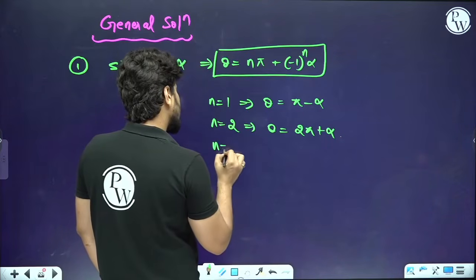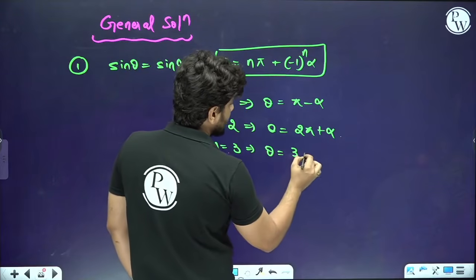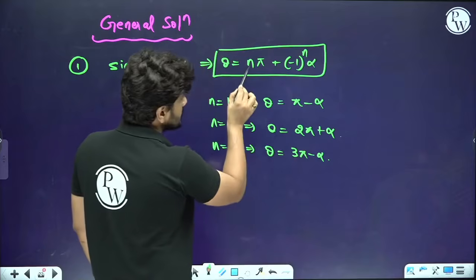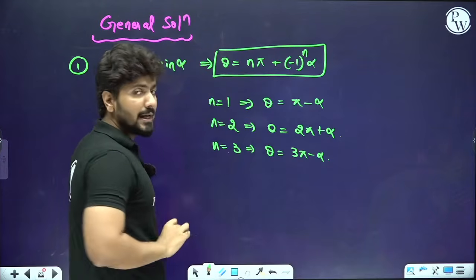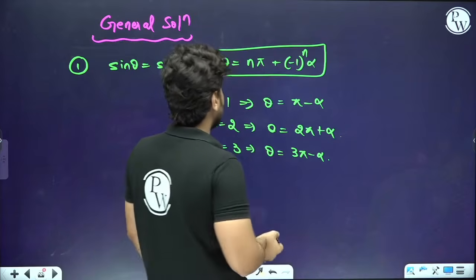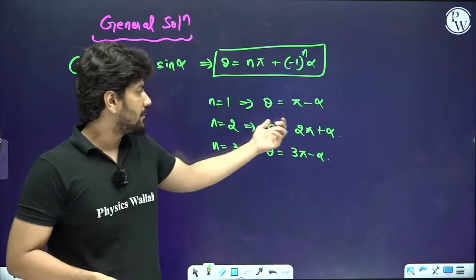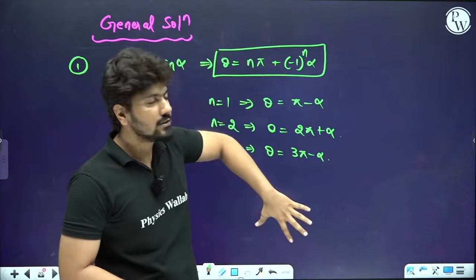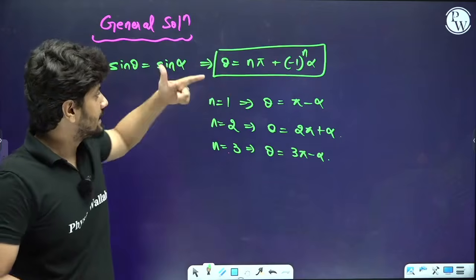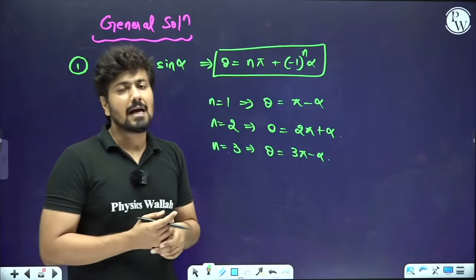If you put n as 3, we get theta is equal to 3 pi minus alpha, because minus 1 raised to the power 3 will be minus 1. So we have 3 pi minus alpha and so on. So these are the solutions we get: pi minus alpha, 2 pi plus alpha, 3 pi minus alpha, and so on. And we can write all of these solutions like this: theta is equal to n pi plus minus 1 raised to the power n times alpha.